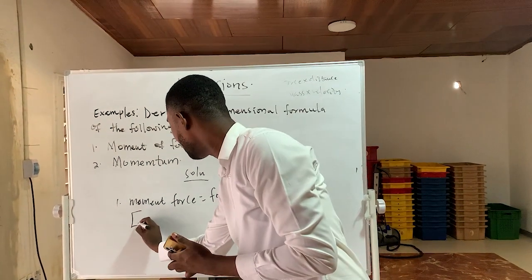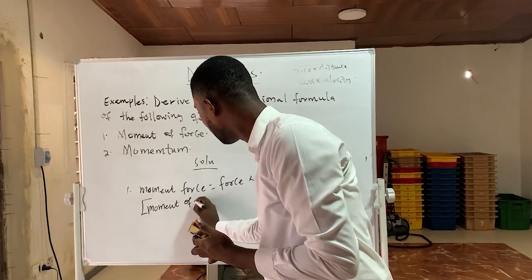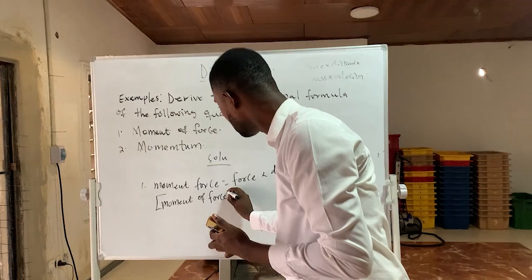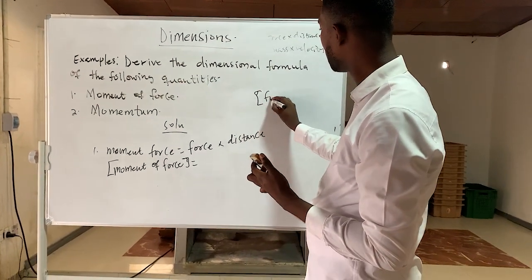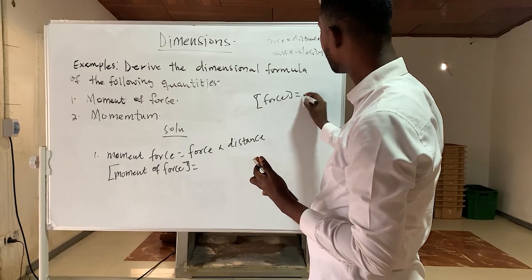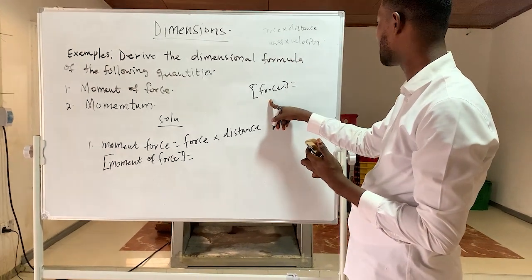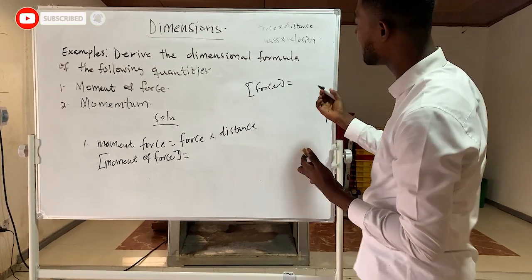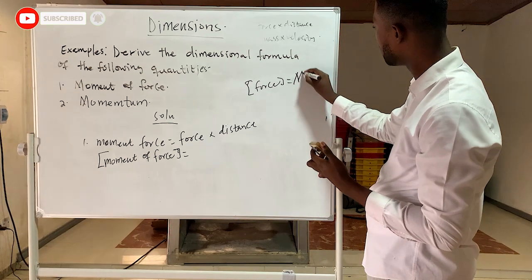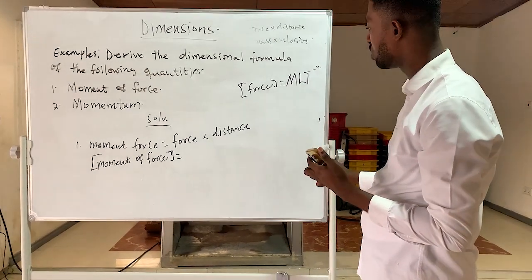So to find the dimension of moment of force, we need to find the dimension of force. Force is always mass times acceleration. The dimension for mass is M, acceleration is LT minus 2.